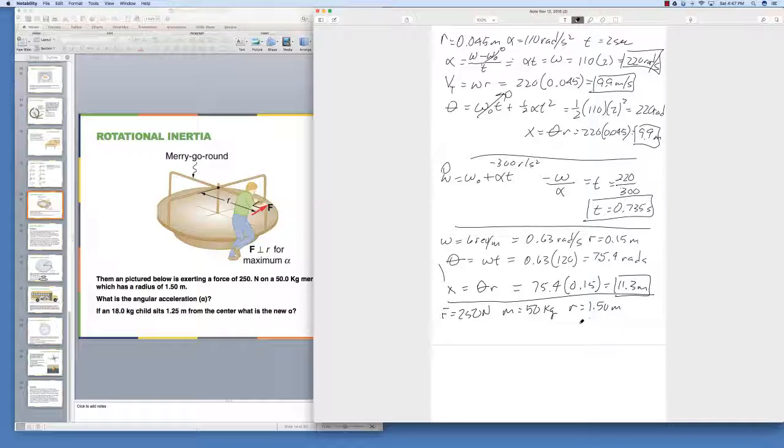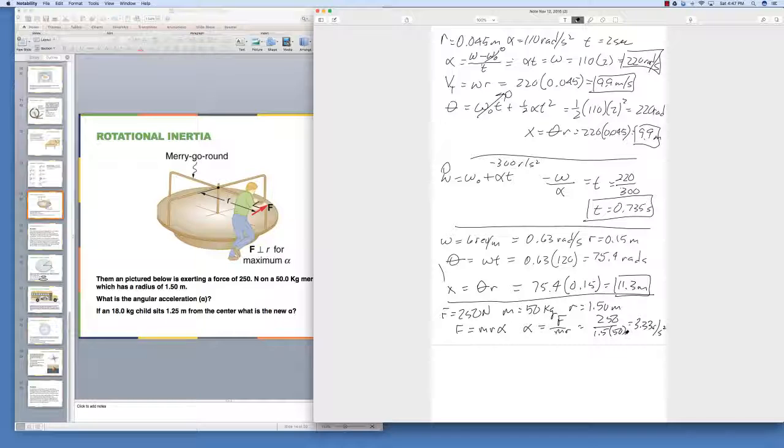F is equal to m r alpha. So if we rearrange this, we can say alpha is equal to F divided by m r. So that's 250 divided by 1.5 times 50. And that's going to equal 3.33 radians per second squared.